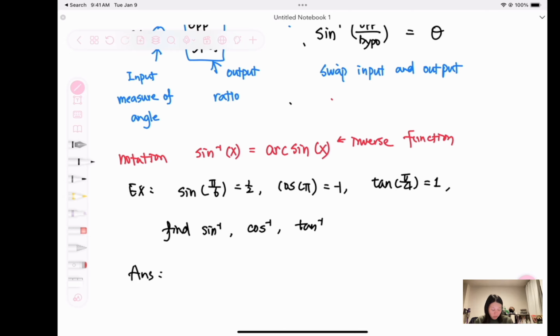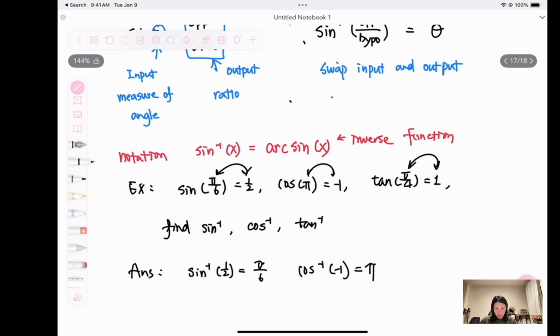Since the inverse function means you swap the input and the output, sine inverse of 1/2 equals pi over 6. That's it. Similar to cosine, cosine inverse of -1 equals pi. For tangent, you don't need to write tangent to the -1. We learned a new notation. It's called arc. Arctangent 1 equals pi over 4.